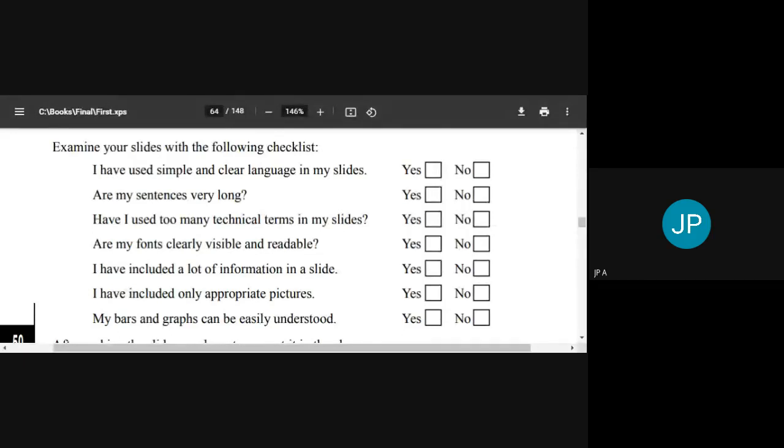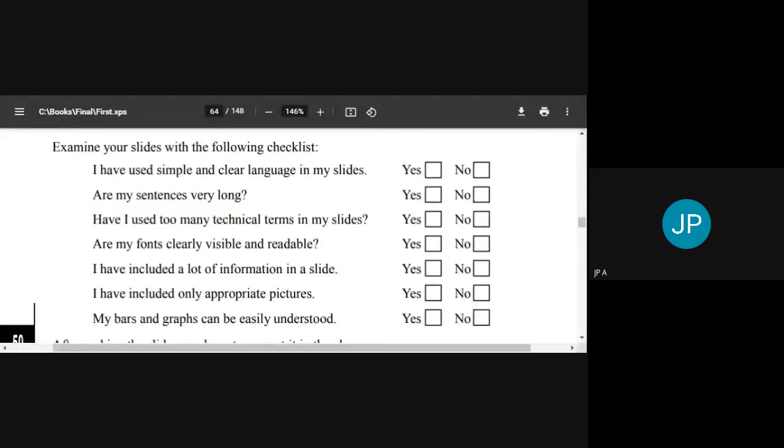The next important thing is our bars and graphs can be easily understood. When we have some numbers, some statistics to present before the audience, usually we use some pie diagrams or some charts, etc., to make the ideas more clear to the audience.